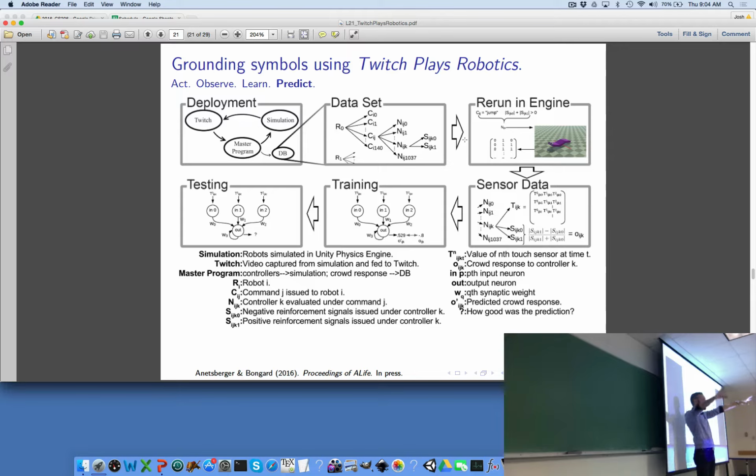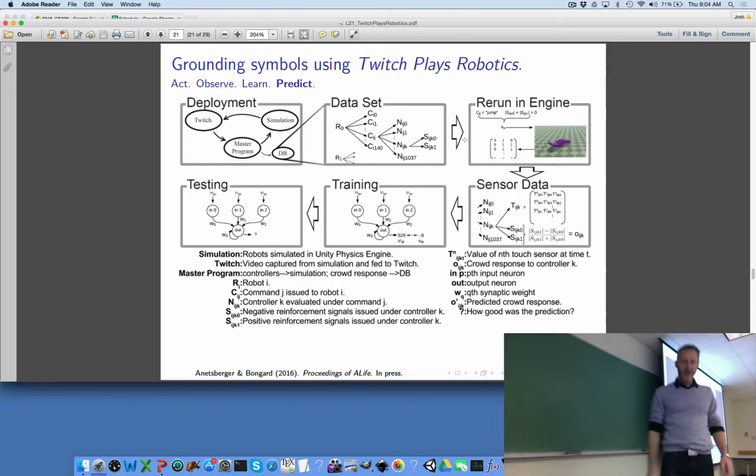There might have been action J over here, and there was unanimous negative reinforcement for action J. We took that all thumbs up and then all thumbs down, and we swapped them. So from the point of view of this neural network, the crowd responded unanimously negatively to I and unanimously positively to J. But that was wrong because we randomly permuted the response. Right?